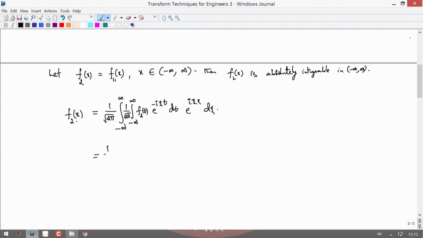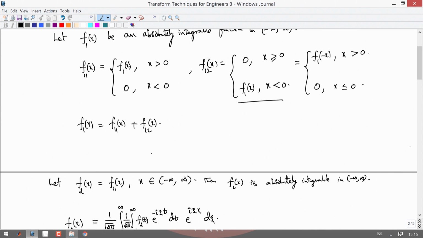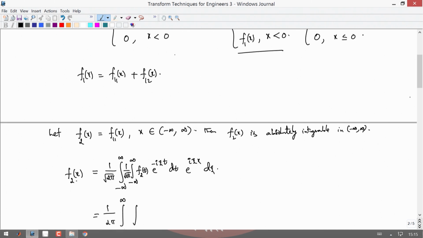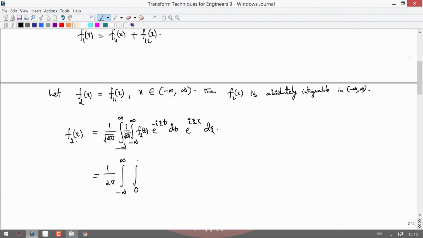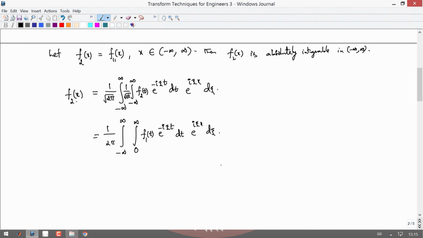So, what you get is 1 by root 2 pi integral minus infinity to infinity 1 by root 2 pi, this you can put together as 1 by 2 pi, and from f 2, which is f 1 1, f 1 1 is basically your f 1, f 1 is only the x positive side. So, it is from 0 to infinity f 1 of t e power minus i xi t dt times e power i xi x d xi. I just substituted what is f 2.